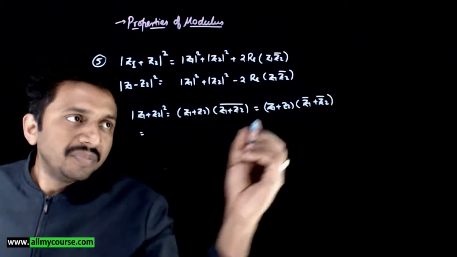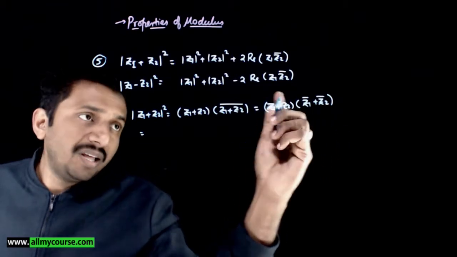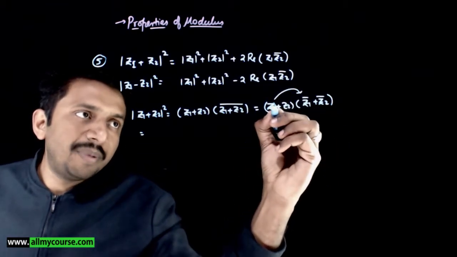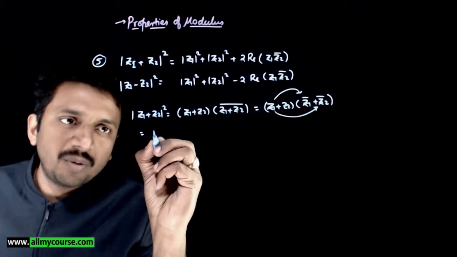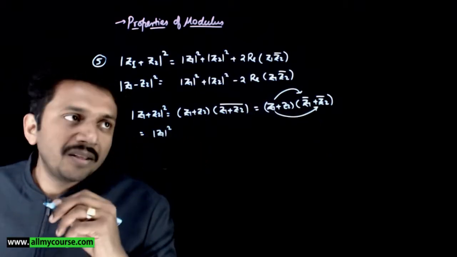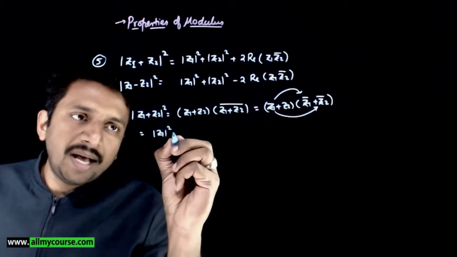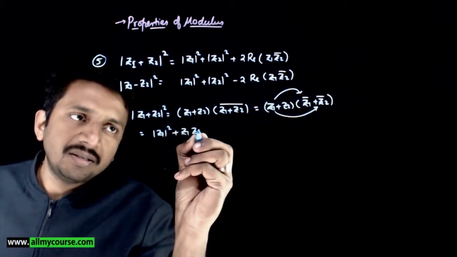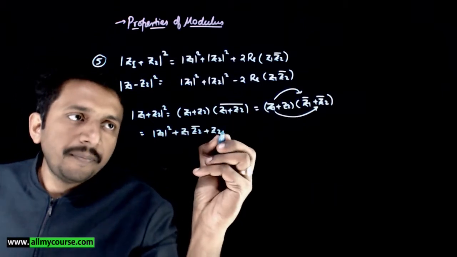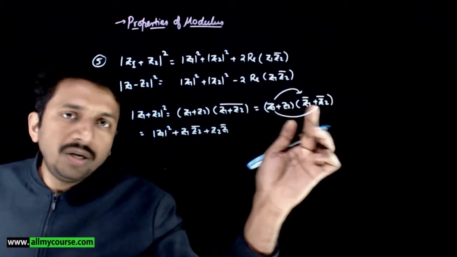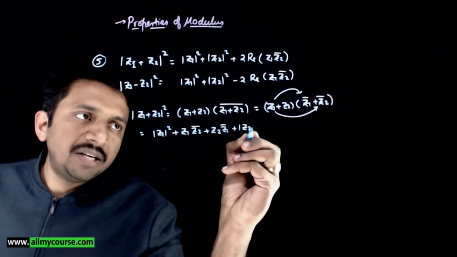So that is equal to, now this is complex number multiplication, just need to expand the brackets, right? So z1 into z1 bar is nothing but mod z1 whole square. z1 into z2 bar is nothing but z1 z2 bar. Next z2 z1 bar. And z2 into z2 bar is mod z2 whole square.